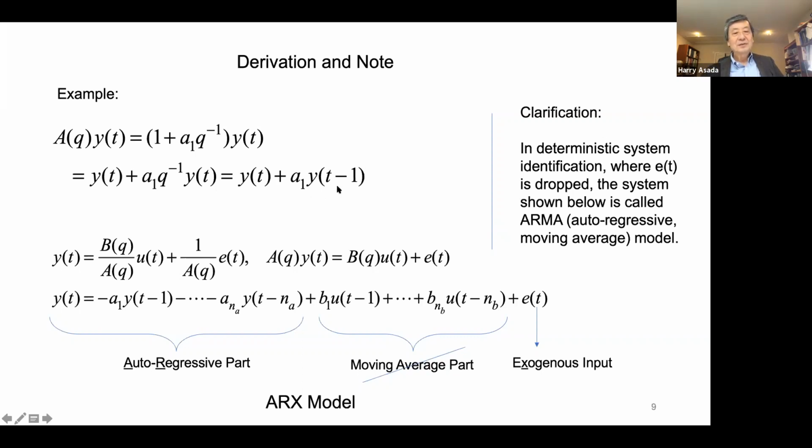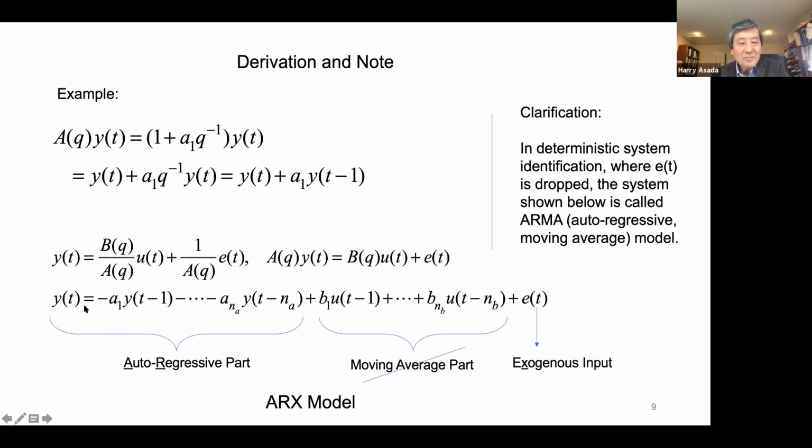Okay, good. So now if you look at the previous case, ARX model, Y(t) equals B over A U(t) plus 1 over A E(t). We cleared A, getting this one, right? So how do you compute A(q) Y? Inside of it, we have this kind of stuff. The first 2 terms are something like this, right? Now here in this expression, I moved this term to the right-hand side.